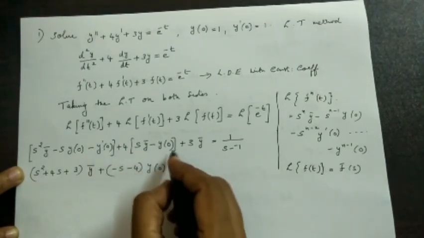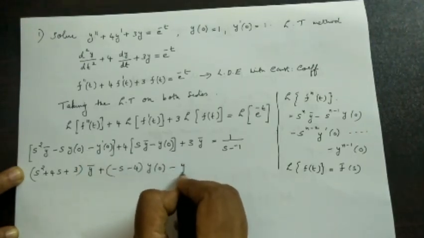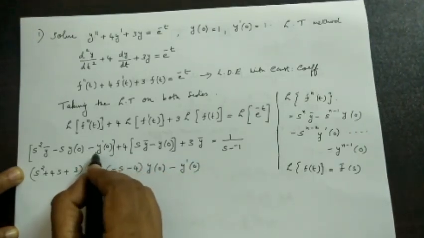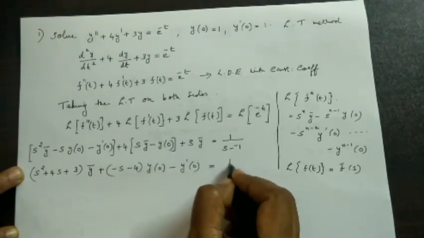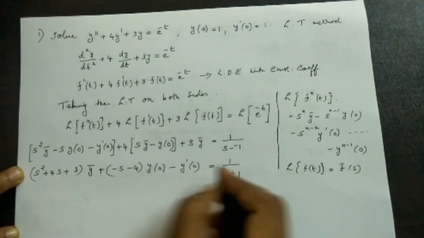Then the y dash 0 terms: we have only one term, that is minus y dash 0. Here we have no terms containing y dash 0, is equal to 1 by s plus 1.